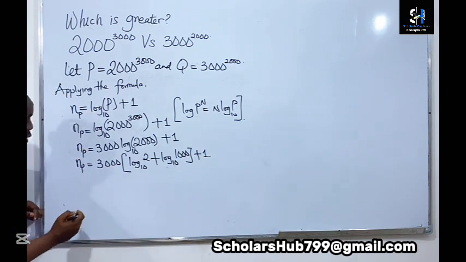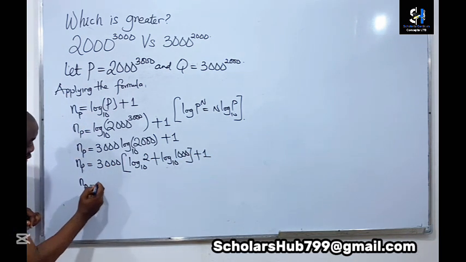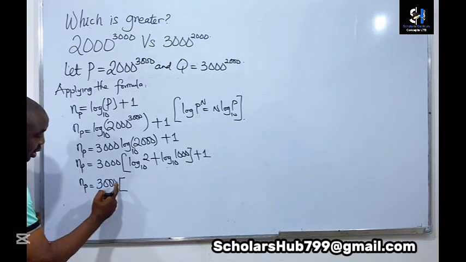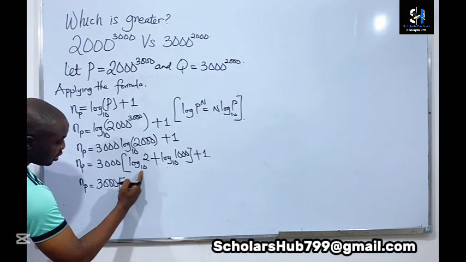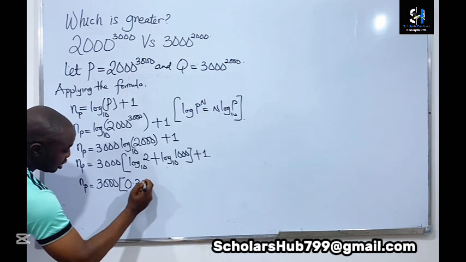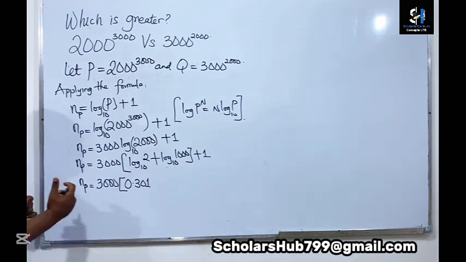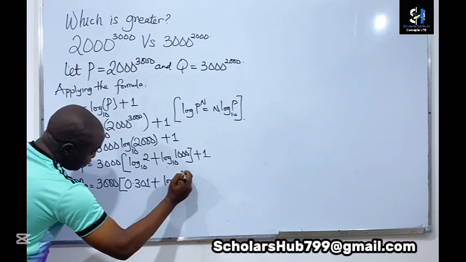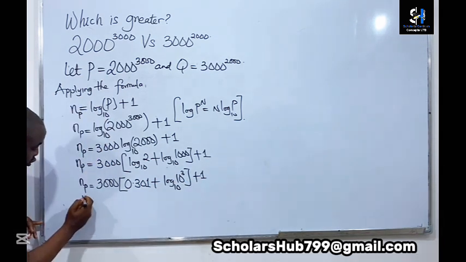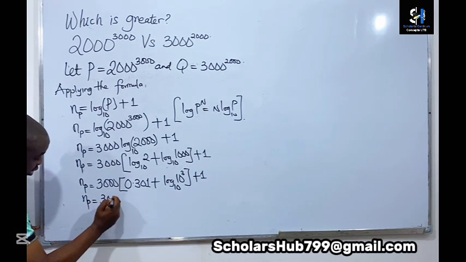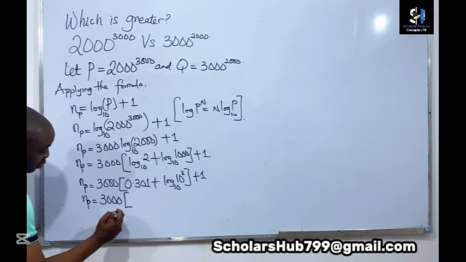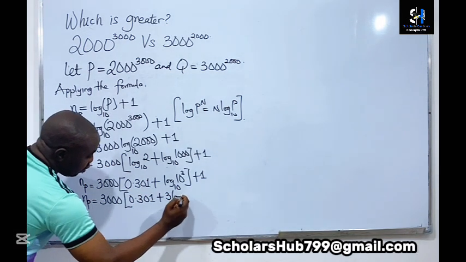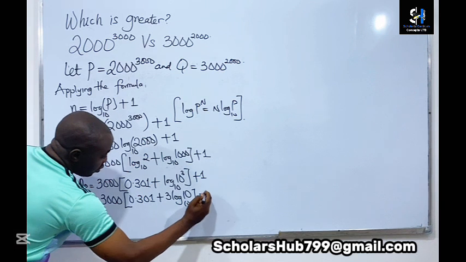then plus 1. So the number of digits equals 3000 multiplied by the square bracket of log to base 10 of 2, which is 0.301, plus log to base 10 of 10 raised to the power of 3, which is 3 times log 10 to base 10, which is 1.